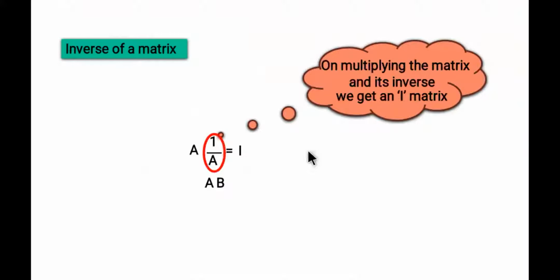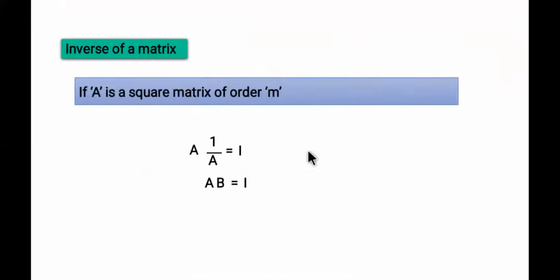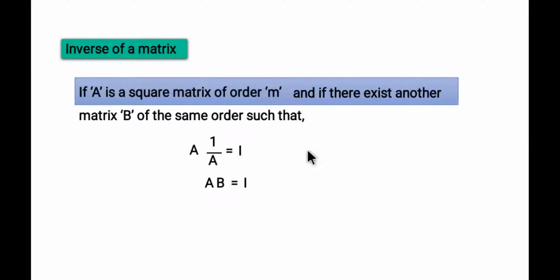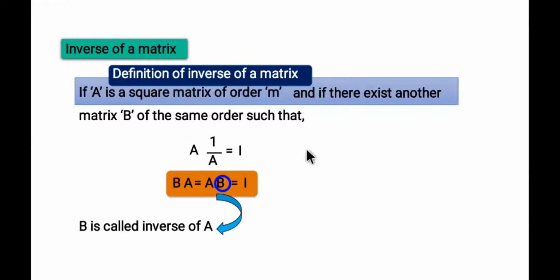Suppose 1 upon A is equal to B. If A is a square matrix of order n, and there exists another matrix B of the same order such that AB is equal to BA is equal to I, then B is called the inverse of A. Symbolically it is denoted as A inverse, that is A raised to minus 1.